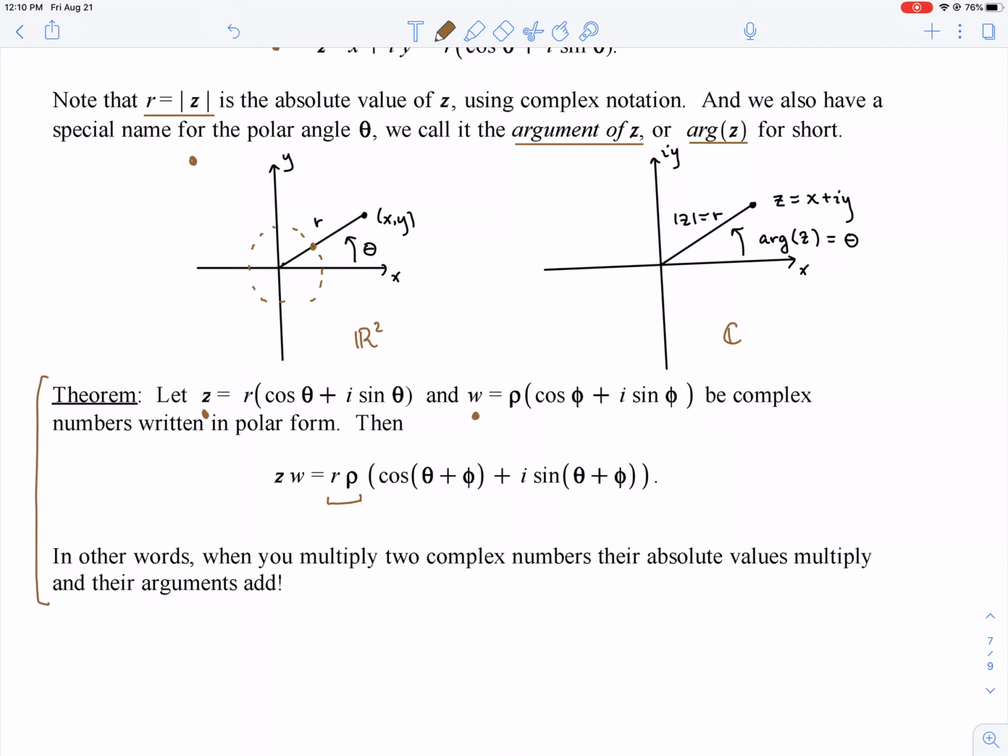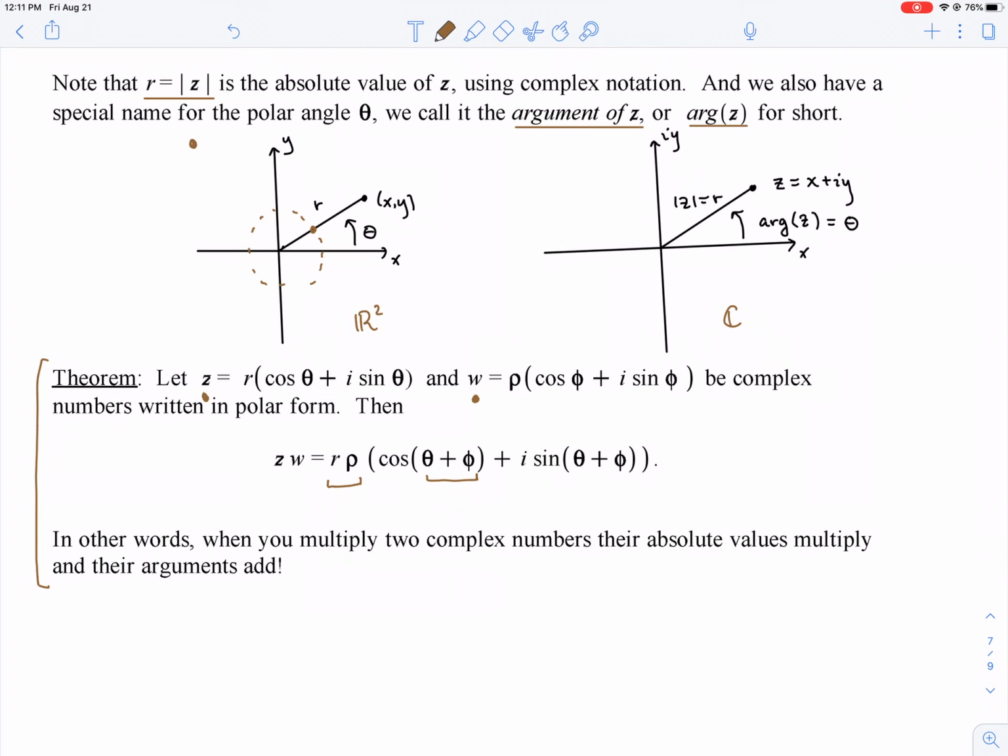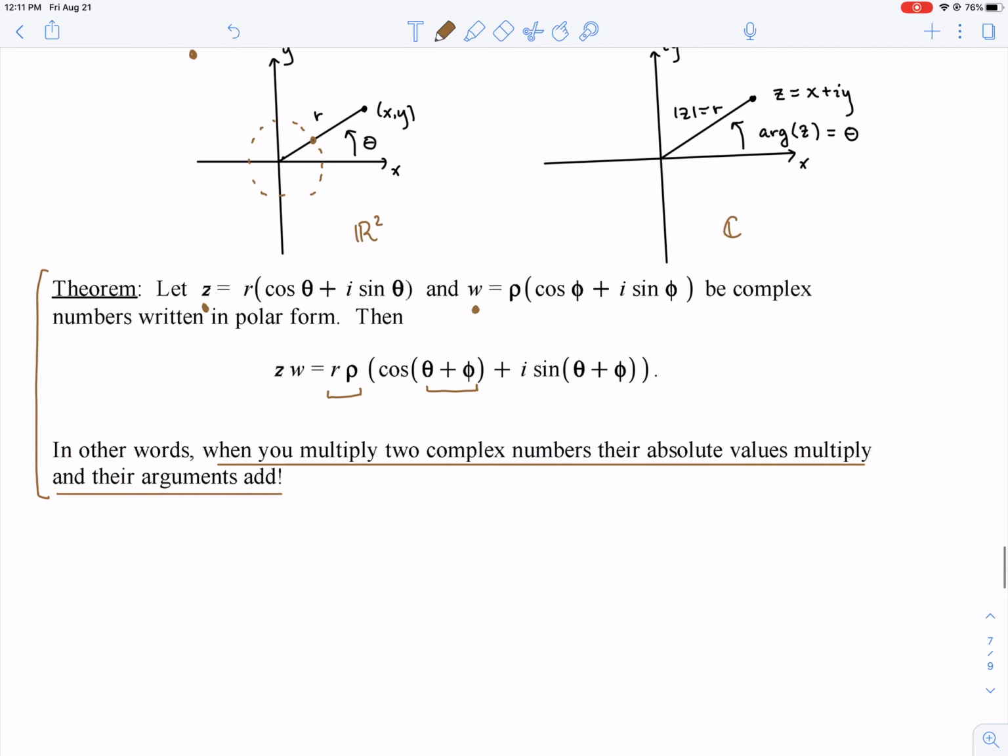So the new radius, or the new absolute value, is the product of the absolute values of z and w. And the new argument is theta plus phi. So the polar coordinate angles add and the moduli or radii multiply. And it's just a one-line proof once you put things into polar coordinates.